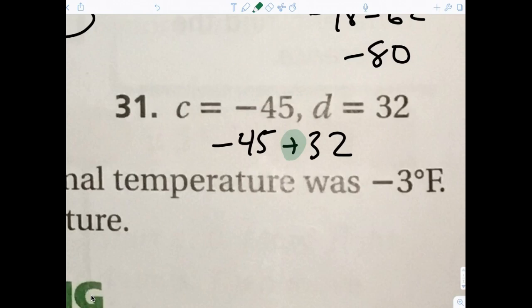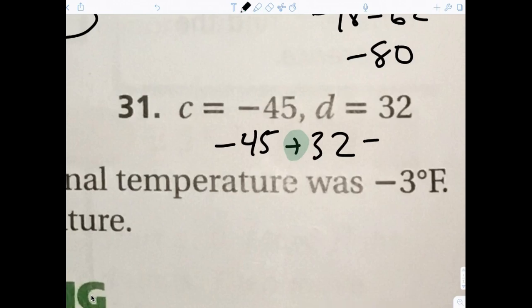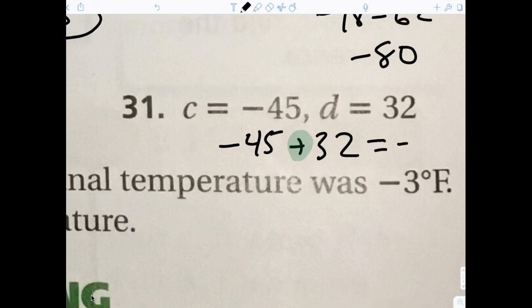You owe them what? And you only have what? Thank you. Do your mental math. Yeah, look at that. Come on, man. That was easy. Negative 13. Good job.